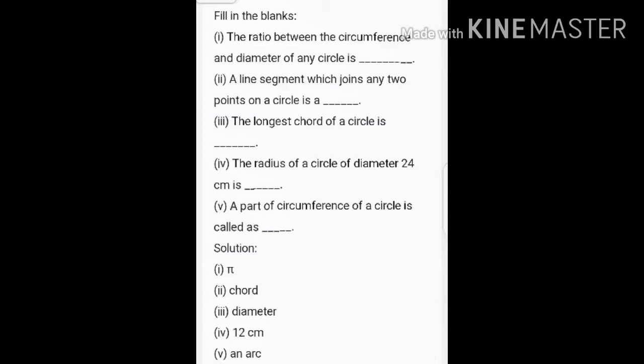Fourth question, the radius of a circle of diameter 24 centimeter is 12 centimeter. That is, we are going to find the radius of the circle. What is the formula we are going to use here, students? R equal to D by 2. 24 divided by 2, you will get the value as 12 centimeter. The last question, a part of the circumference of a circle is called an arc.